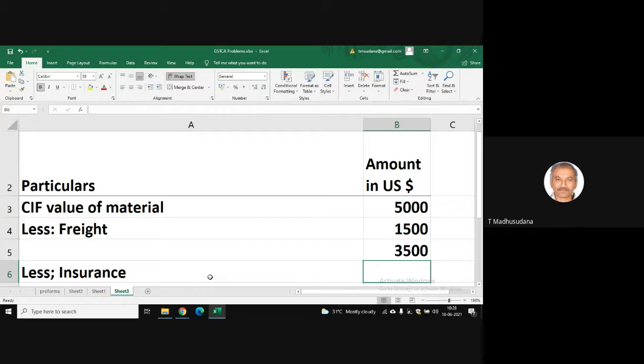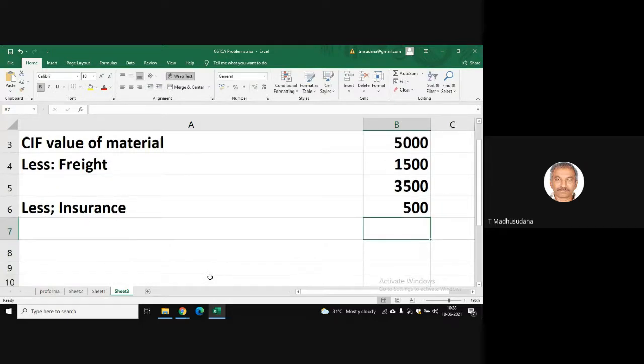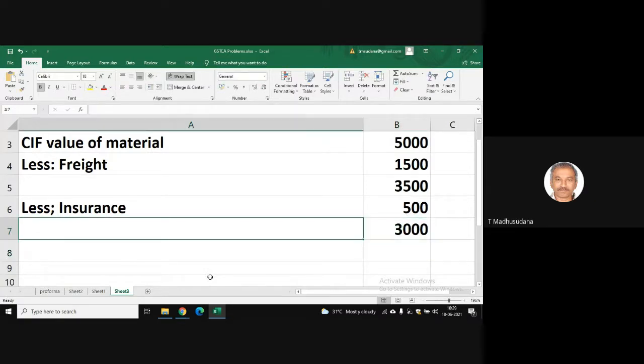So 1% of CIF value is 500. If you deduct, 3,000 is the FOB value.